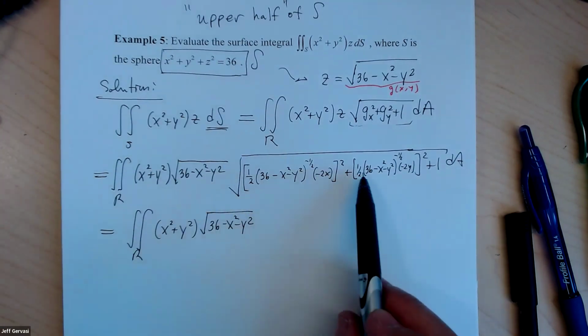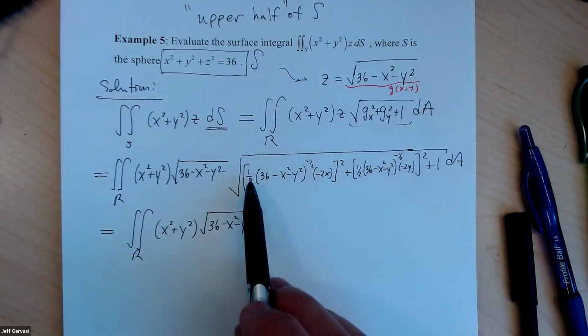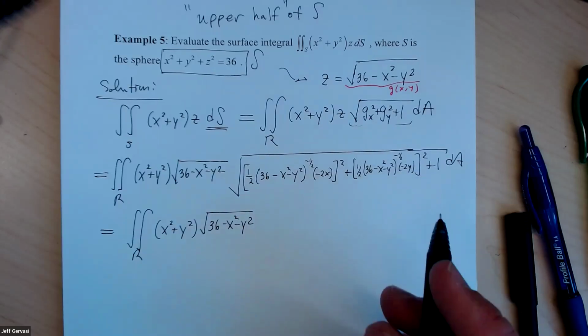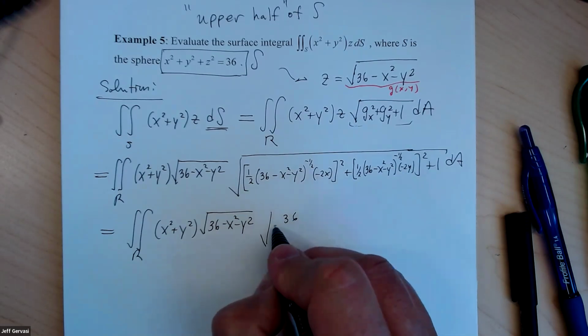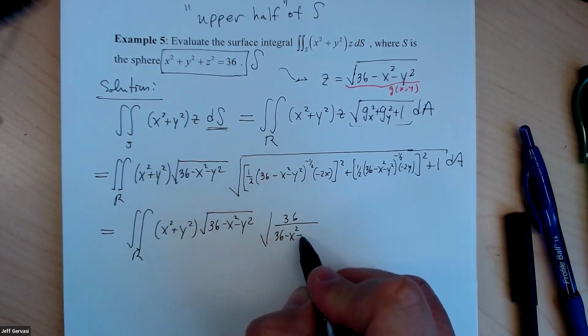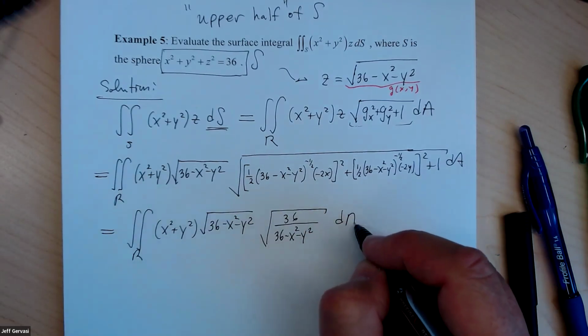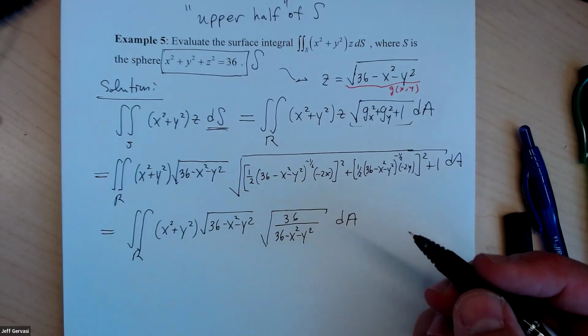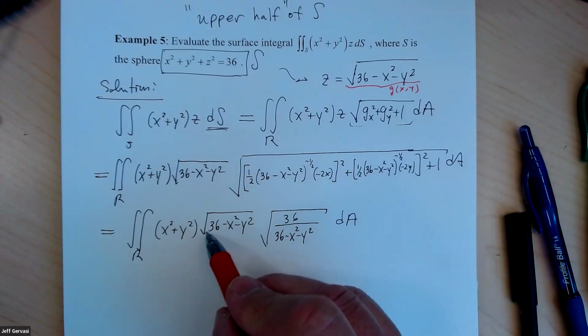All of this, gang, I'll leave the algebra steps to you. But all of this under the square root symbol simplifies down to just this. Algebraically, we're going to be able to cancel these.